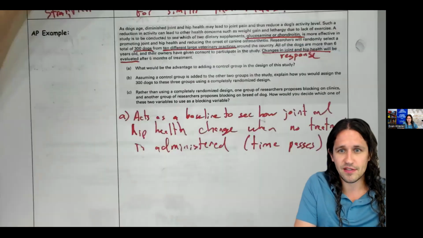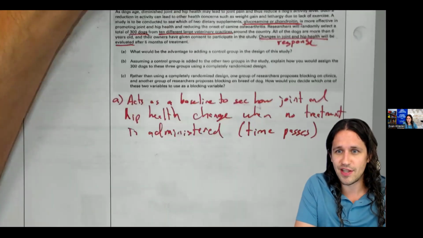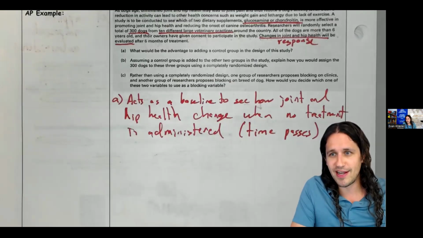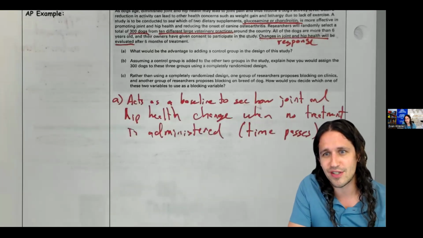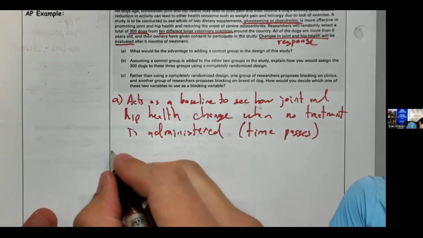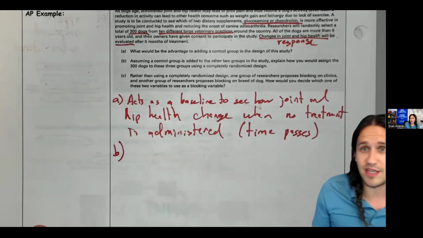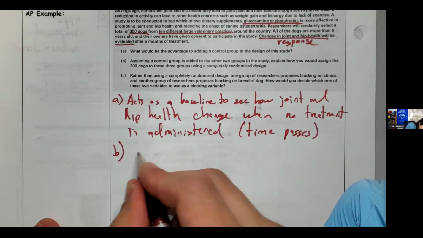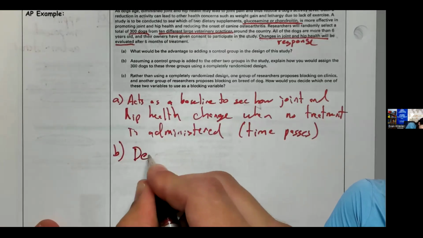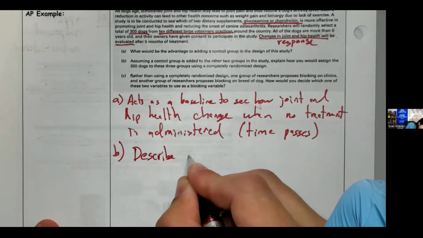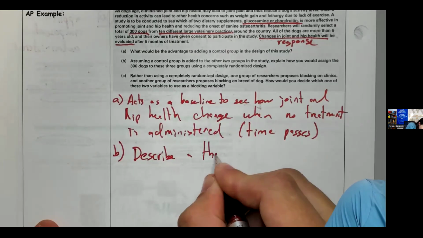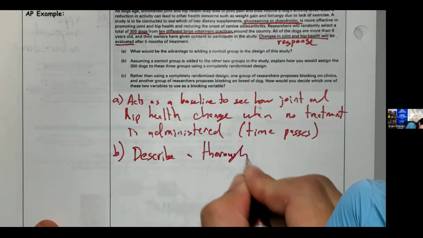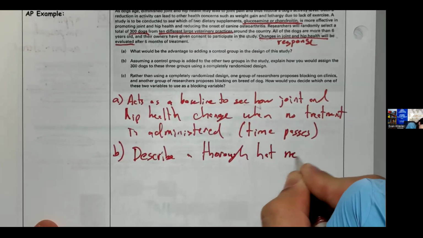Okay, B. Assume a control group is added to the other two groups in the study. Explain how you would assign the 300 dogs using a completely randomized design. I am going to skip B for the sake of time. Take a moment to describe a thorough hat method.